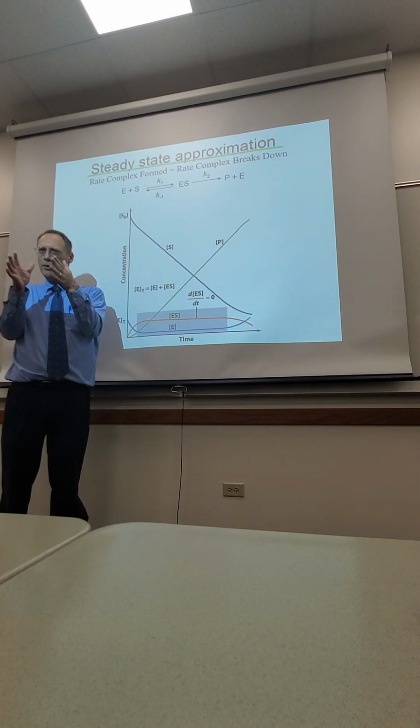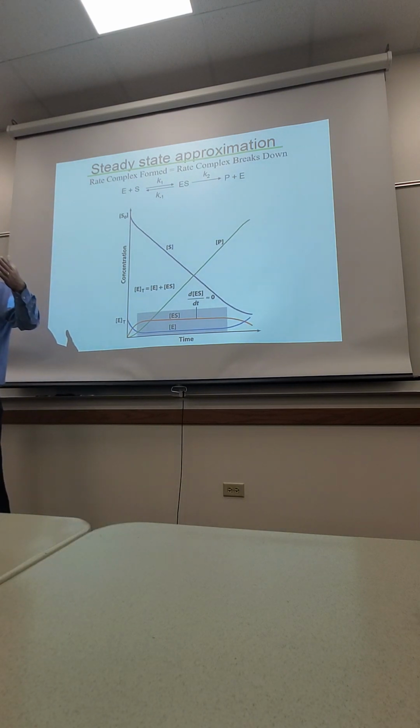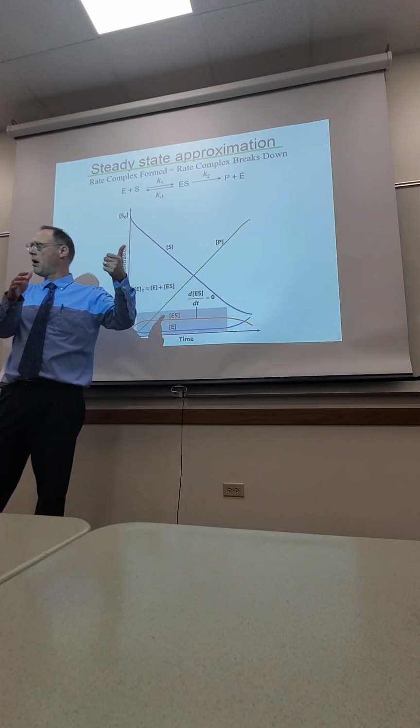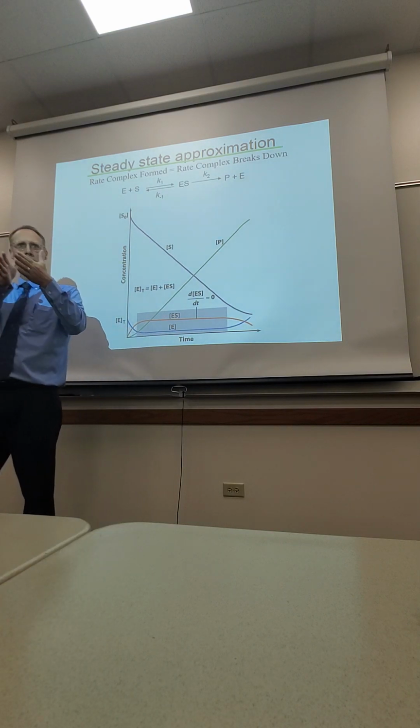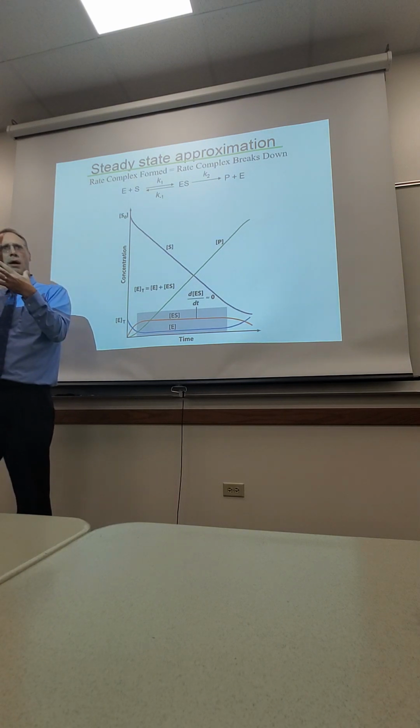Now that's where they come together, right? But what's going to happen to that once it comes together? It's either going to go back to enzyme and substrate or forward to enzyme and product, okay? And then there's a rate that it's forming. And so those three things, because we're early on, before we have a lot of product, are the ones at play.